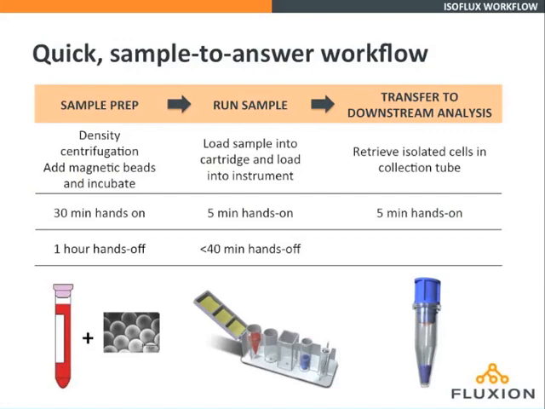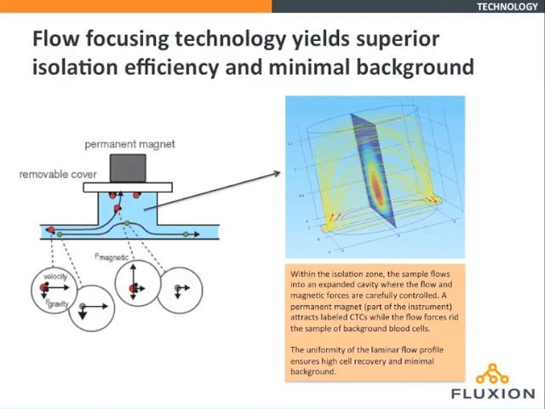That is about a 1-hour hands-off process. That includes the conjugation of the beads that get added to the buffy coat. Next comes running the sample. So this is the time spent inside the instrument. It's about a 40-minute flow time through our microfluidic cartridge. And finally, the cells are ready for retrieval in a collection tube.